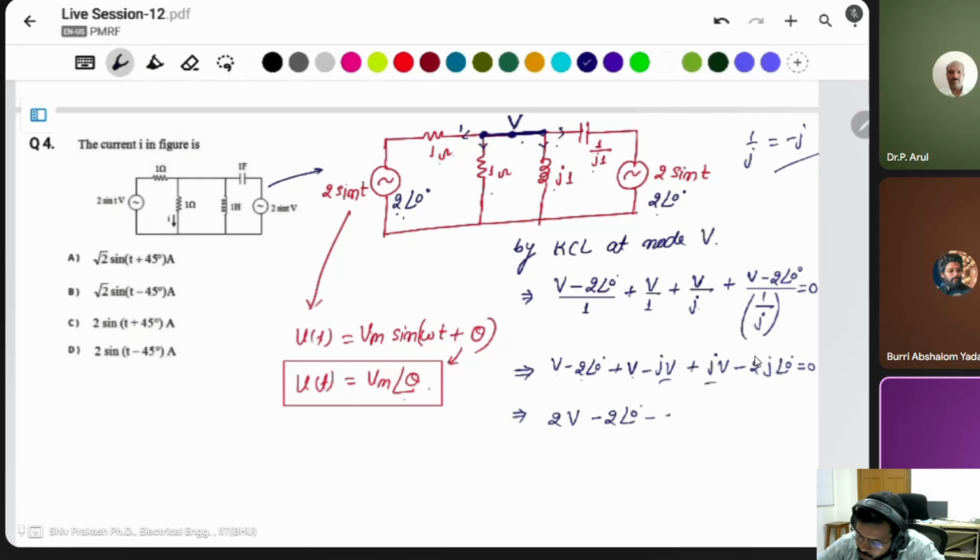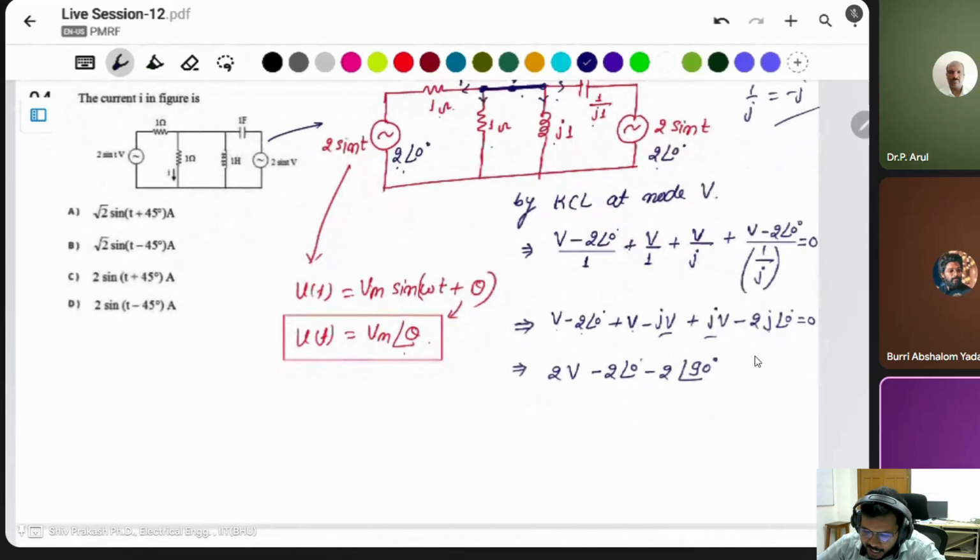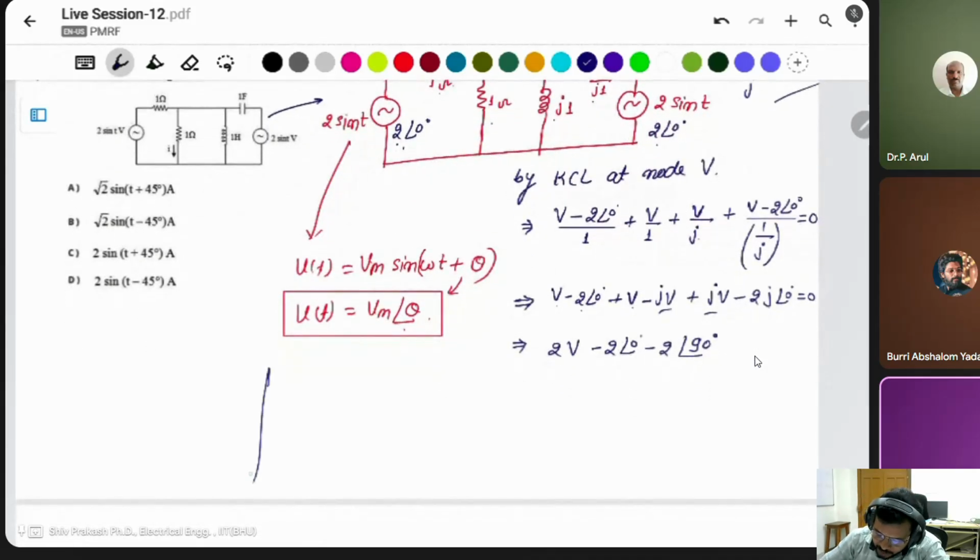This j provides the 90 degree angle, because this one is the real part, this is the imaginary part j. The difference between these two is 90 degrees. That's why it is written as real part plus j imaginary part.